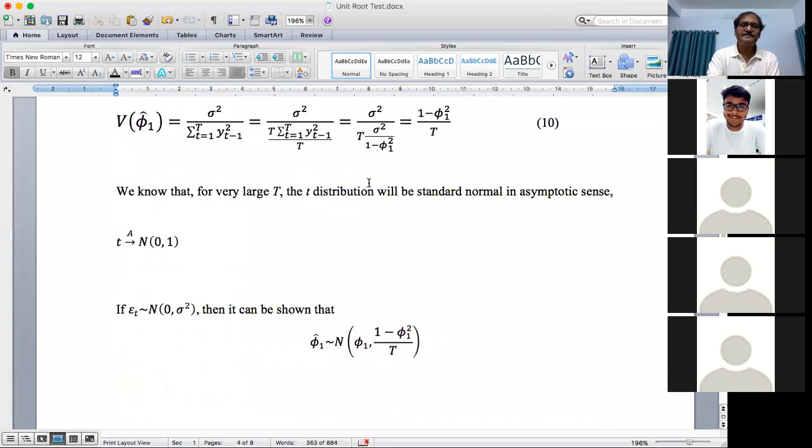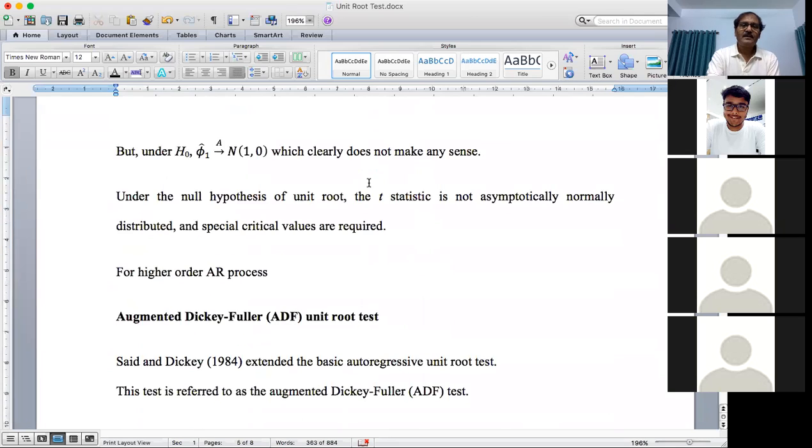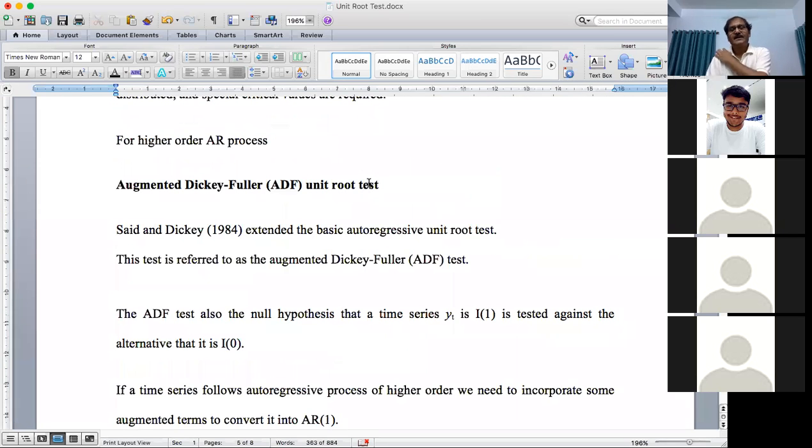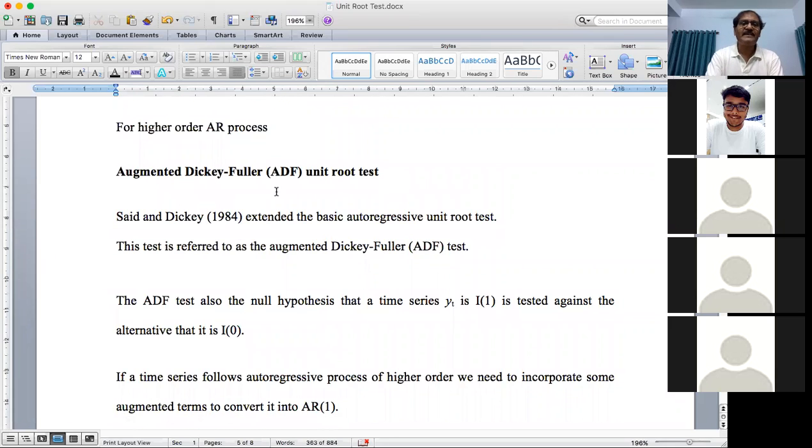The way out is we have to convert the higher order autoregressive process into AR1, and after converting to AR1, we can apply the Dickey-Fuller test. This is called the augmented Dickey-Fuller test. So the augmented Dickey-Fuller unit root test is applicable if your series follows higher order autoregression.